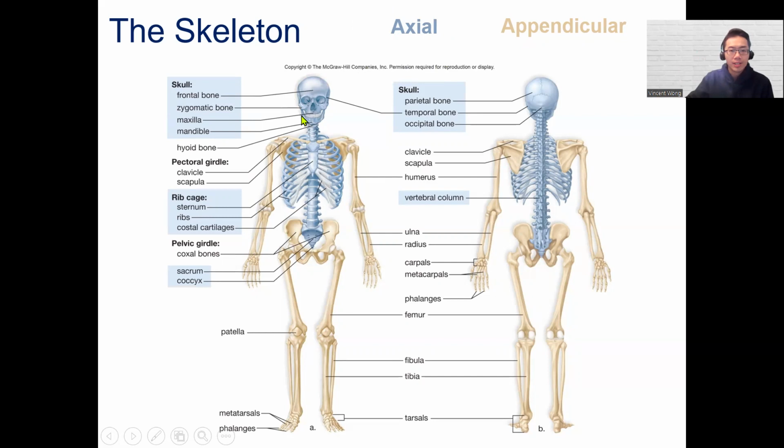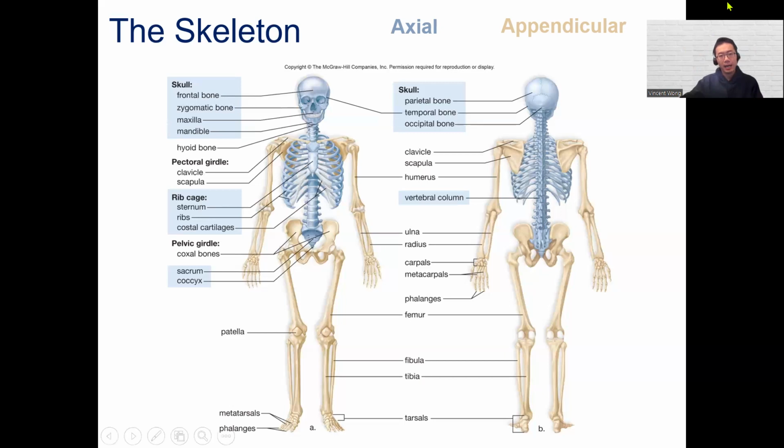We have the skull, the rib cage, as well as the sacrum and the coccyx. We'll get to that later. And on the back side, the vertebral column, the backbone. So the axial skeleton is like the main frame structure where everything else hangs on it.